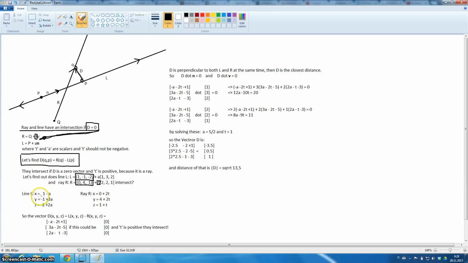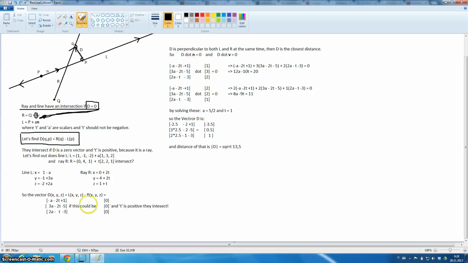Okay, how do we find it? First we make line L with x, y, and z vectors, and for the ray, those x, y, and z made 2. Then we find the x, y by this formula, line minus ray, and so forth.